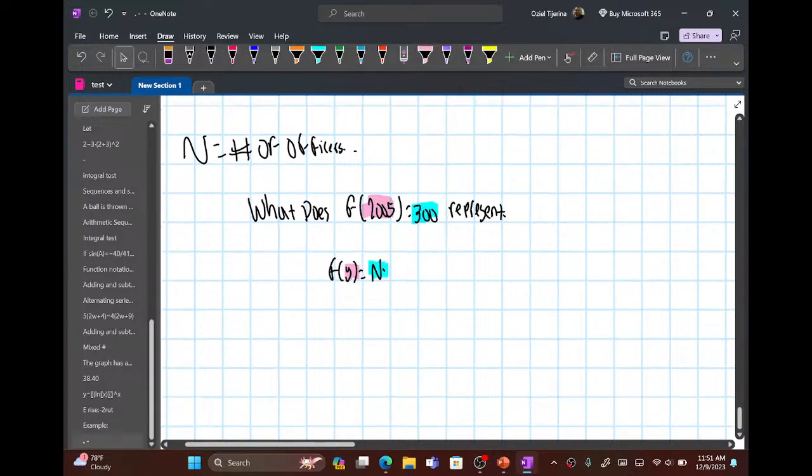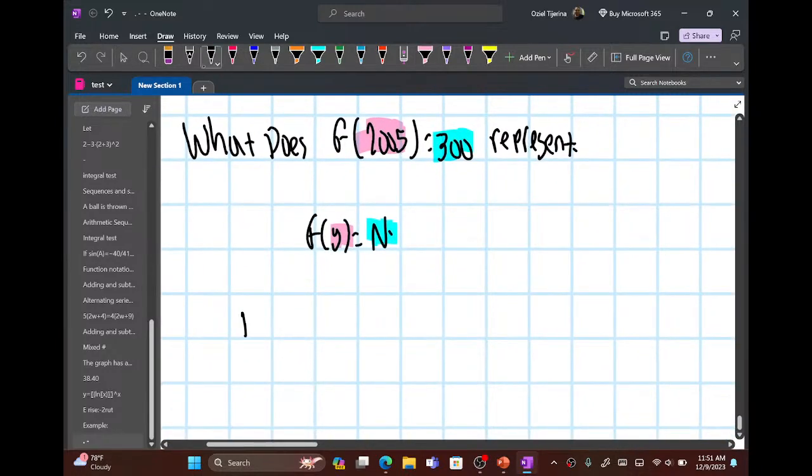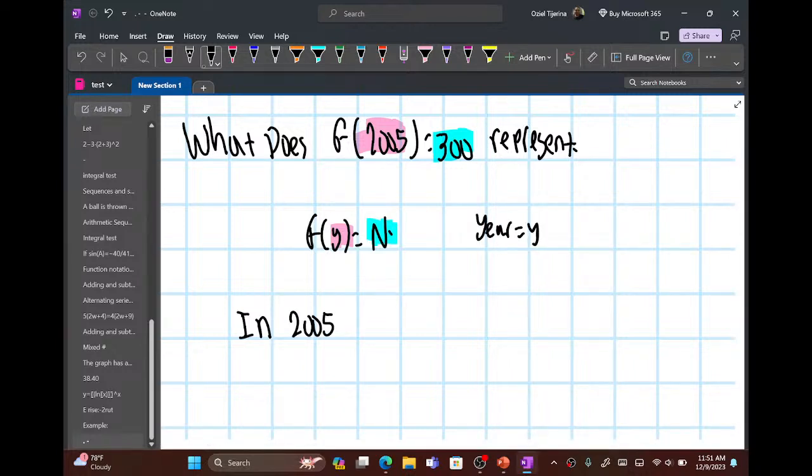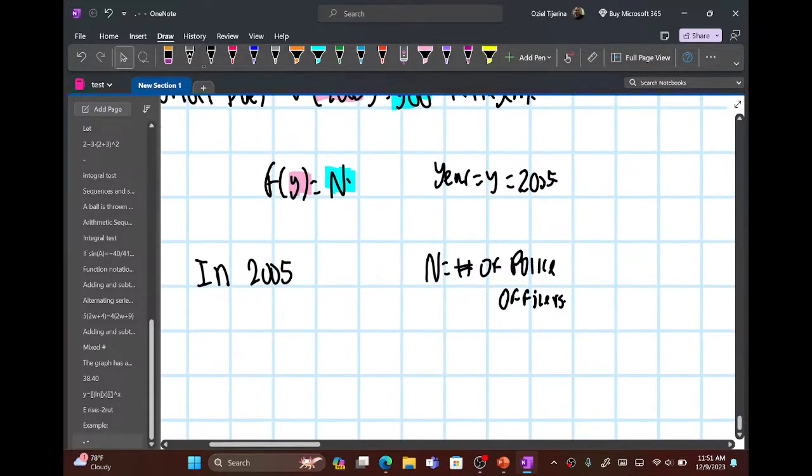So that means in 2005, because year is y, which is equal to 2005, and n is the number of police officers, n is equal to 300.